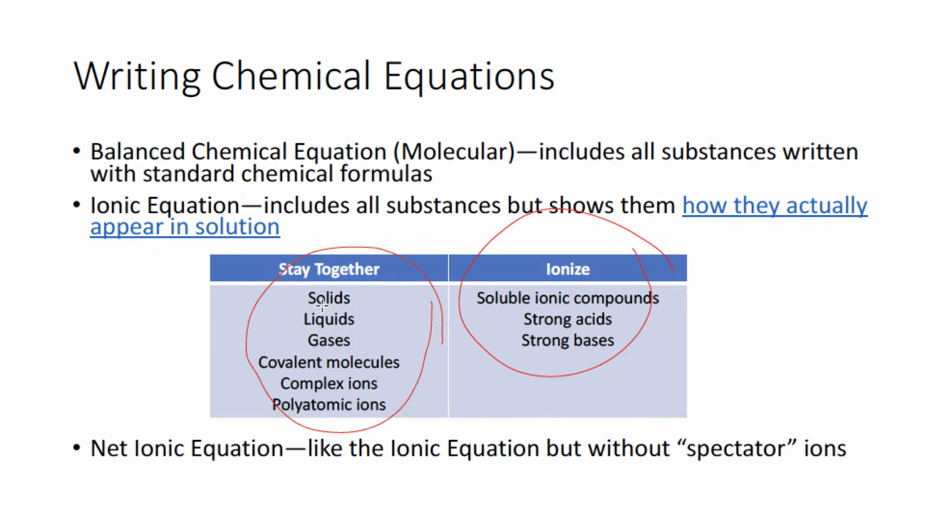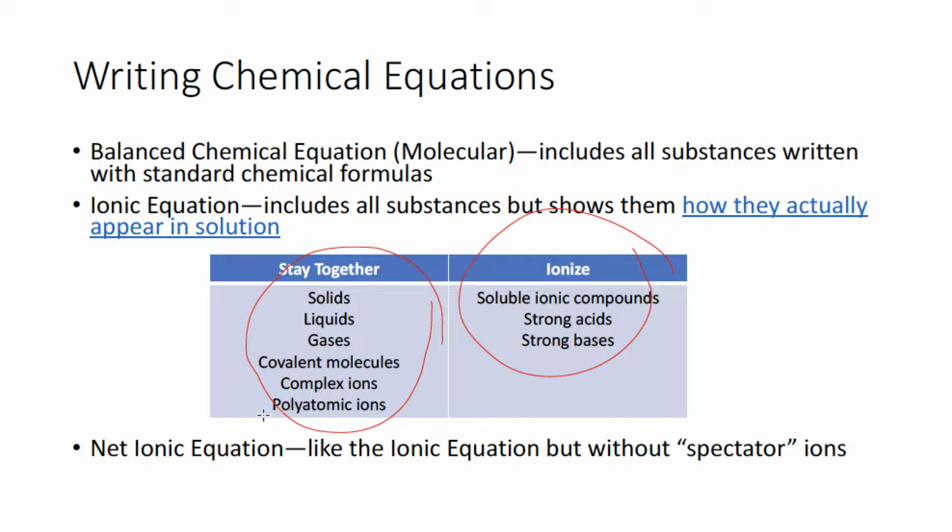So this includes solids, liquids, and gases, so anything that has an S, L, or G as its state of matter. Covalent molecules like the sugar that we saw would be aqueous, but they don't separate into pieces. And then complex ions and polyatomic ions are also in this category. You'll see some of those in some of the equations that you're doing today.